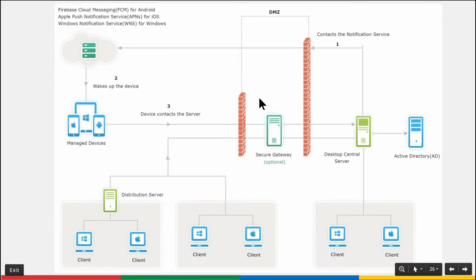When this is the case, I can have a secure gateway server in between the roaming users and the Desktop Central server, which means any communication from the roaming user has to be routed through the secure gateway server in order to reach the Desktop Central server. This way, I can be sure that my Desktop Central server is protected and secured.